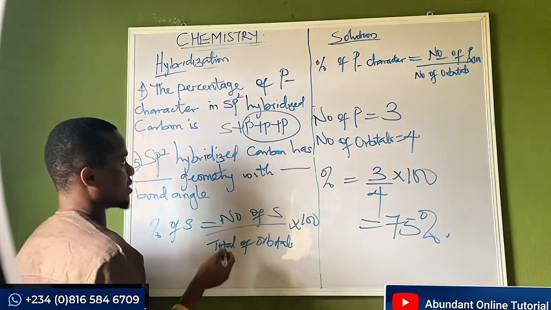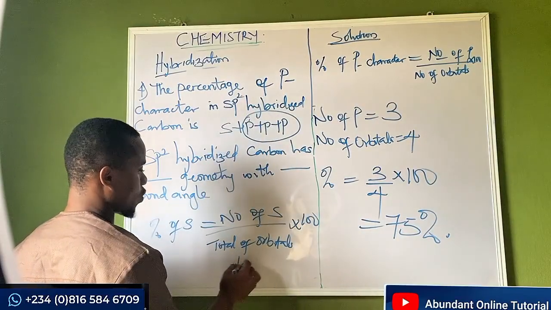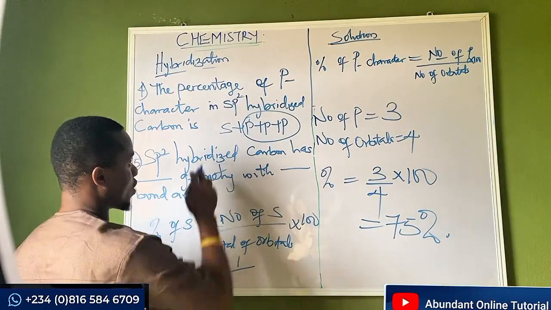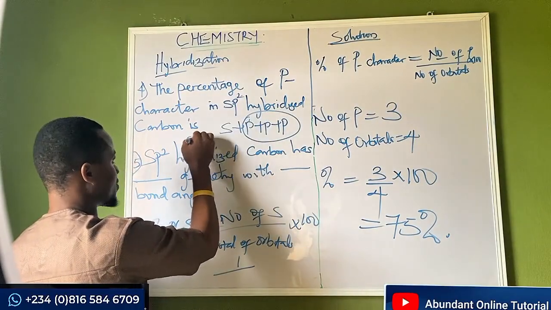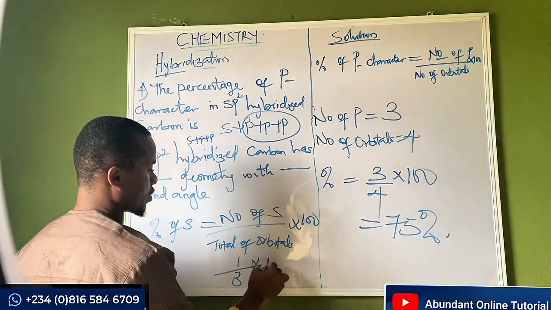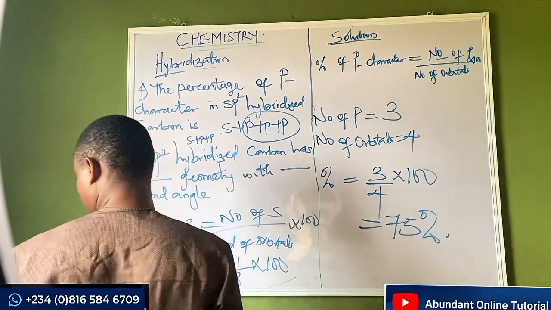My number of S in sp2 is just 1. That will be 1 all over the total number of orbitals, which is 3, S plus P plus P, 1, 2, 3, times 100. Then you press your calculator, you get the answer.